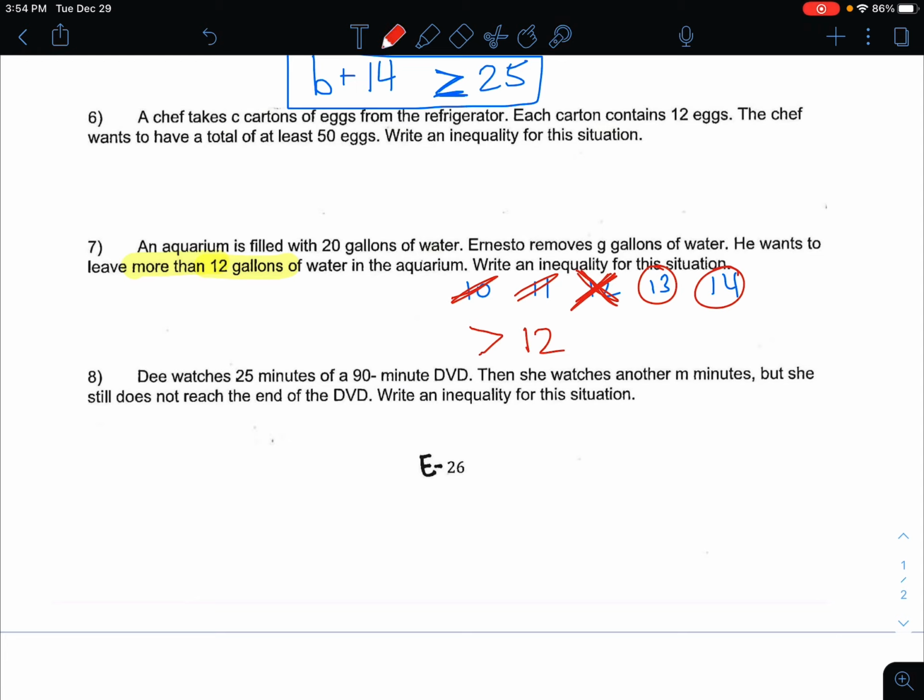So 20 minus the amount that he removes, which is G, is going to be greater than 12. Whatever is left over in the aquarium is going to be greater than 12. Anyways, that's it. You box your answer.